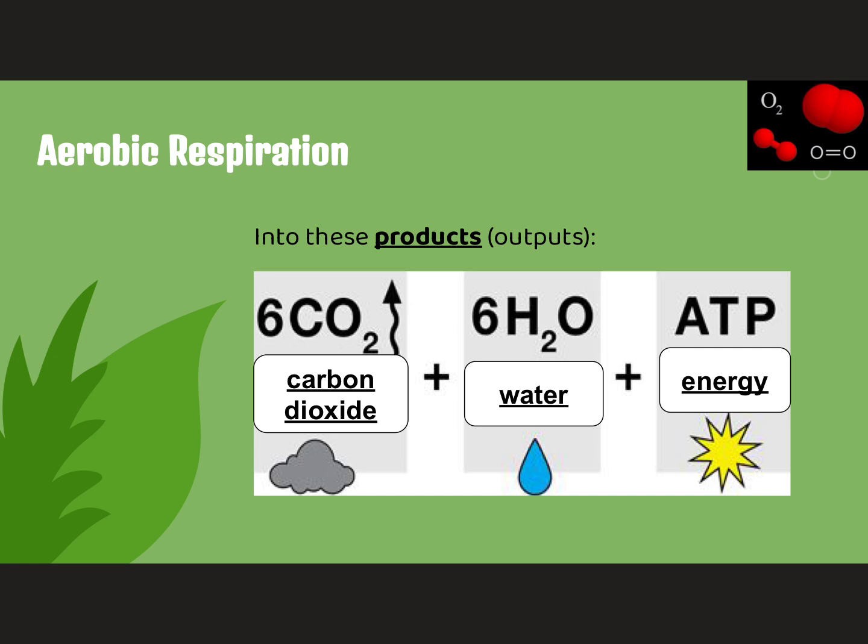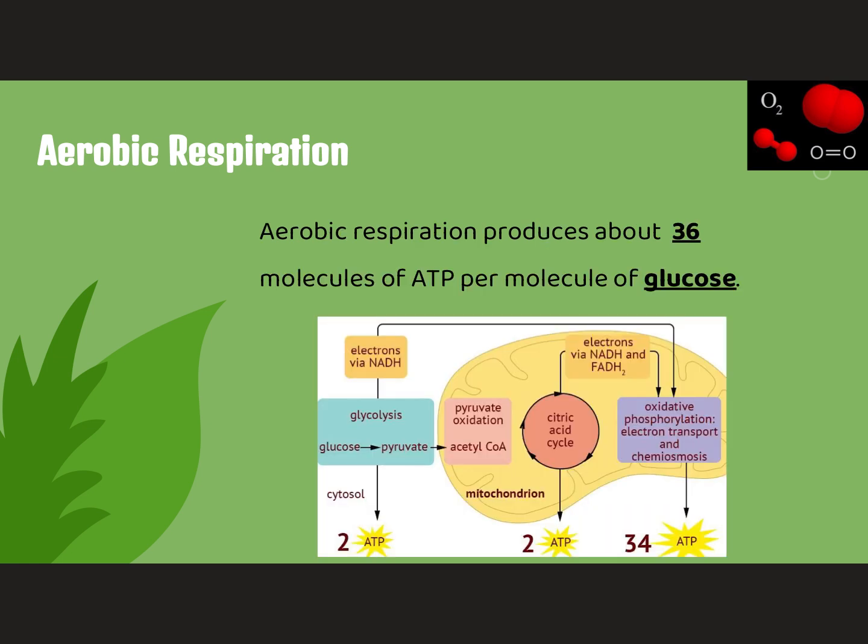Remember, that energy is vitally important. So let's talk about what this means. Aerobic respiration produces 36 molecules of ATP per single molecule of glucose. This is significantly more efficient than anaerobic respiration, so more energy is created in aerobic respiration.